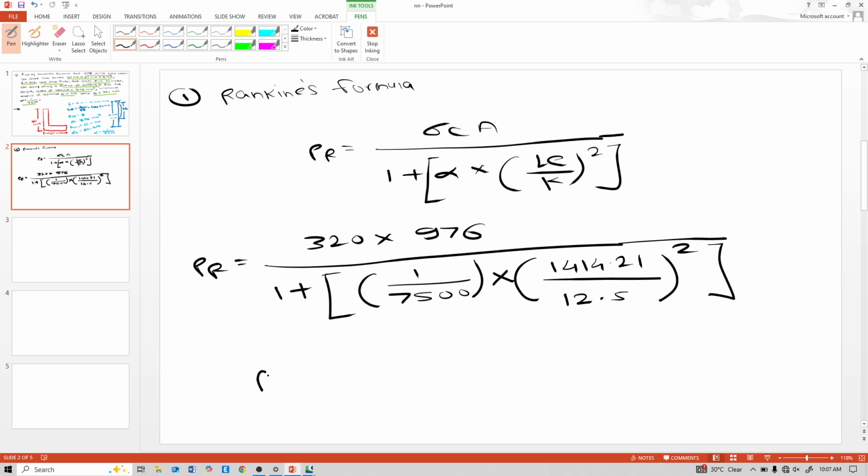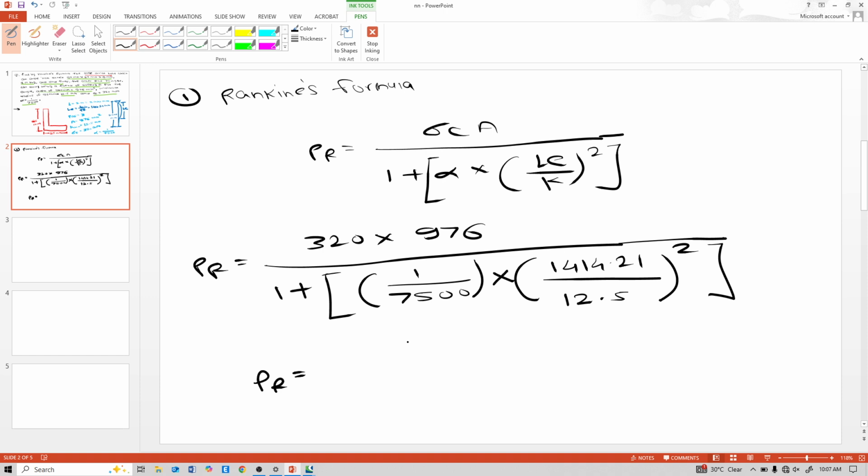So this PR is 320 into 976 divided by 1 plus 1 divided by 7500 into 1414.21 divided by 12.5, square of that.